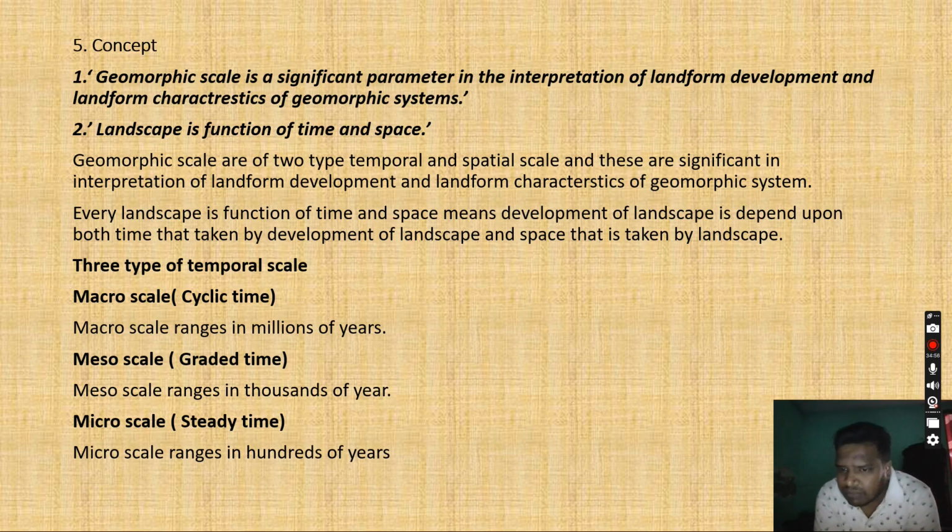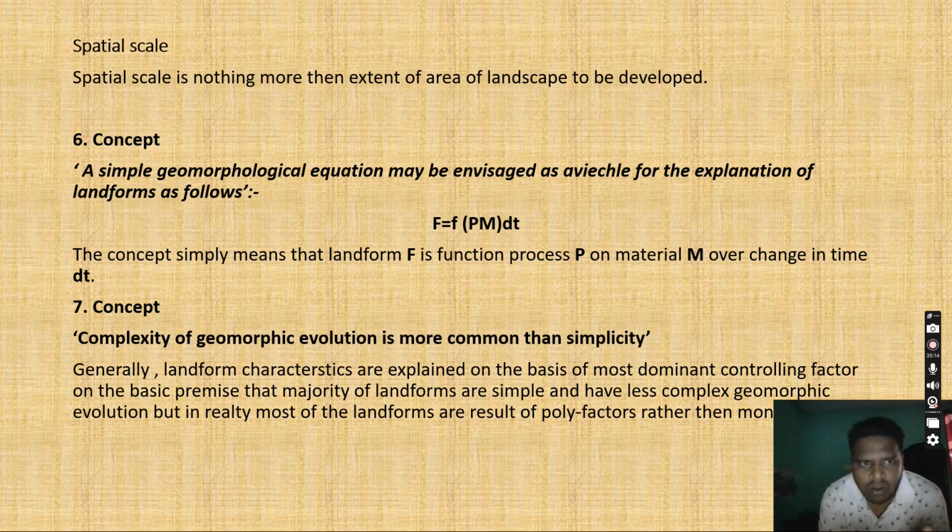Basically we have three types of temporal scale: macro scale or cyclic time, which ranges in millions of years; mesoscale or graded time, which ranges in thousands of years; and micro scale or steady time, which ranges in hundreds of years. Spatial scale tells about the extent of the landscape.